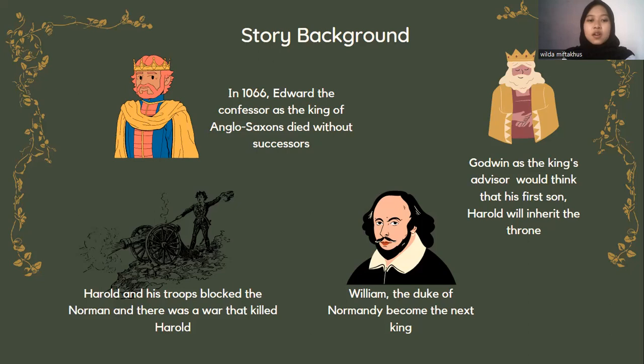But Edward the Confessor had advised the son of his cousin, called William. At the time, William was the Duke of Normandy, and Edward advised him to become the next king.